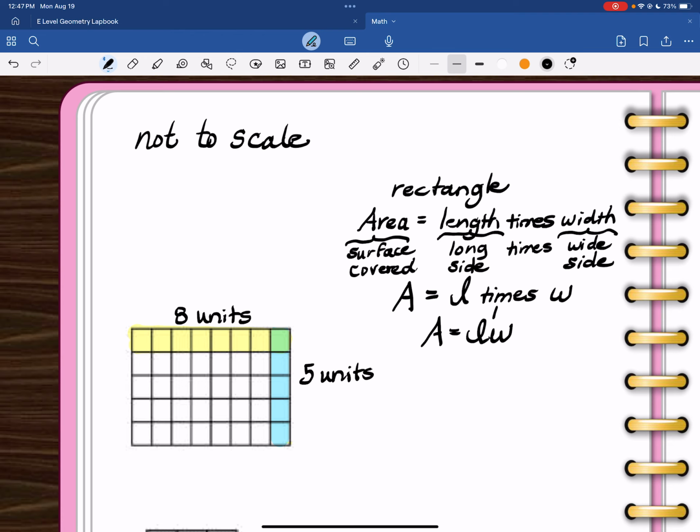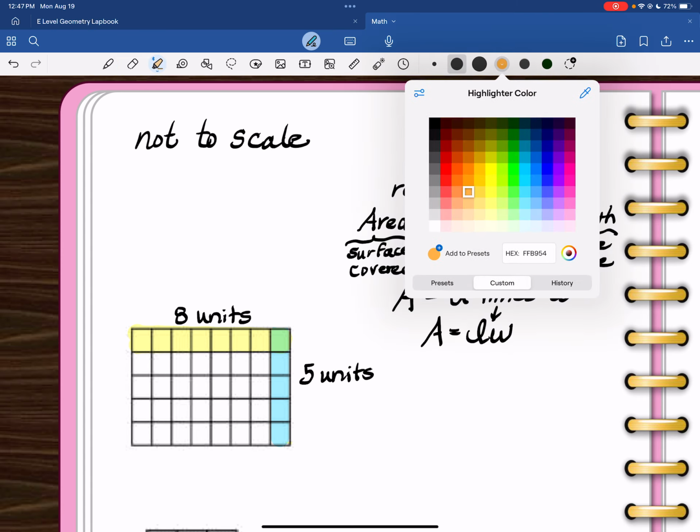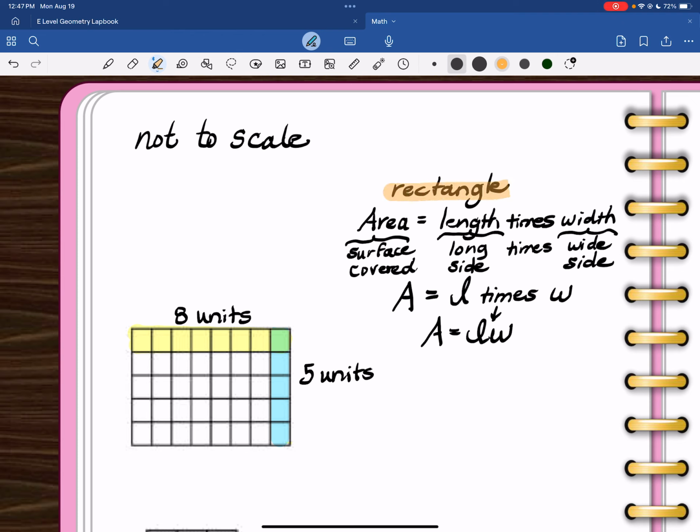When you mush letters together like that, that means to multiply. So now you're doing some algebra. These are called variables. They stand for a quantity, but it's much shorter than writing it out. And the formula for any rectangle, if you want to know the area of any rectangle, this recipe will give you the end result.